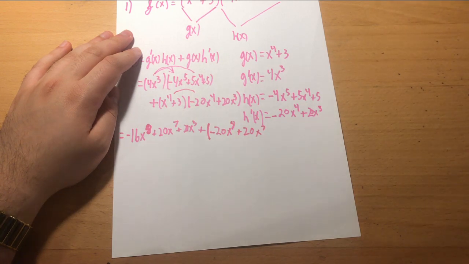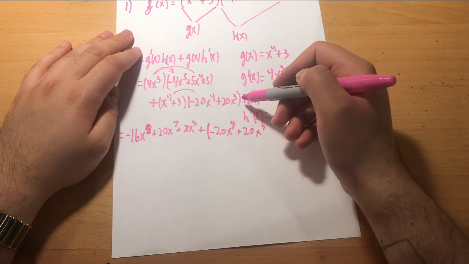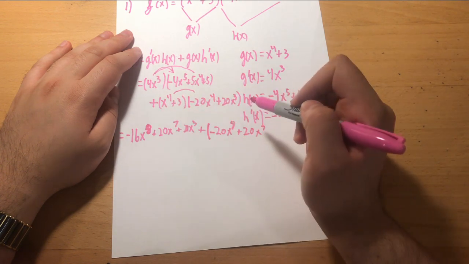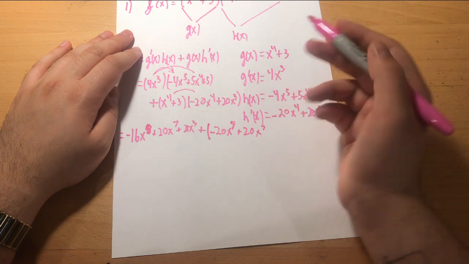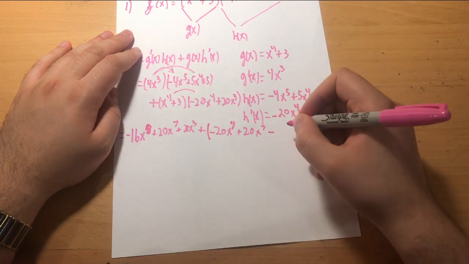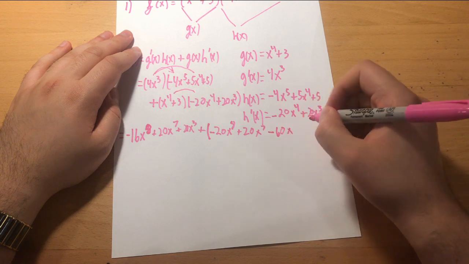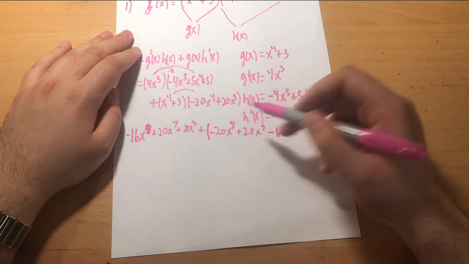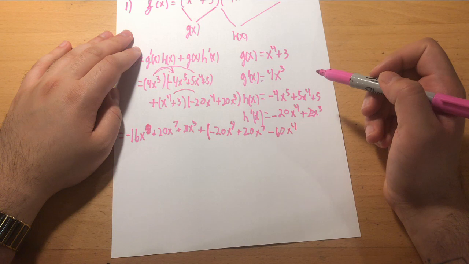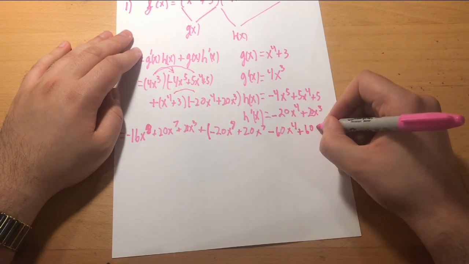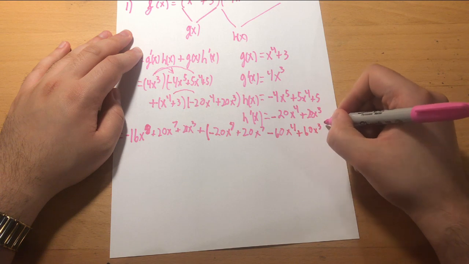And let's see what else. Oh sorry, we're done with the x to the fourth. Positive 3 times negative 20x to the fourth is minus 60x to the fourth, and then positive 3 times positive 20x to the third is positive 60x to the third.